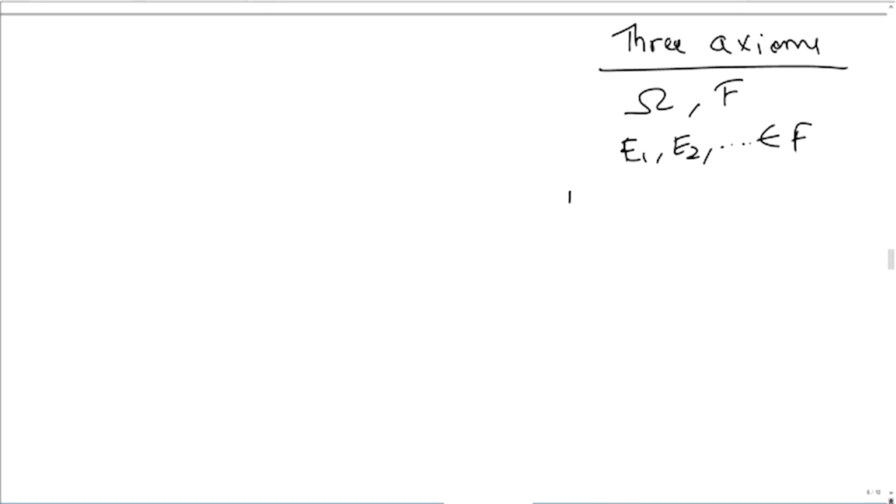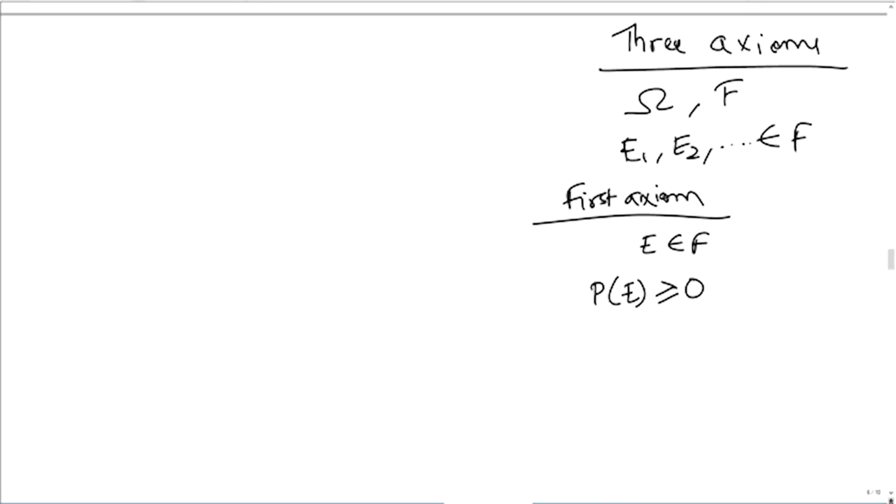Okay. The first axiom says that for an event E which belongs to your event space F, the probability of the event E is greater than or equal to 0.